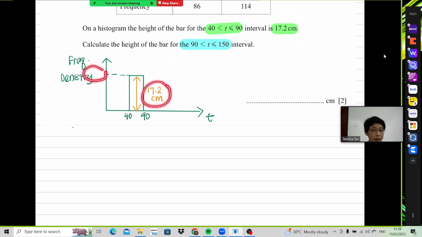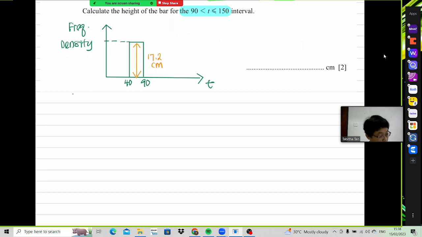So what is the next thing you do? Yes, you need to relate this height to frequency density, and frequency density for which group? For this interval, 40 to 90 minutes. So this is where you will put your formula into use. Let's illustrate that.